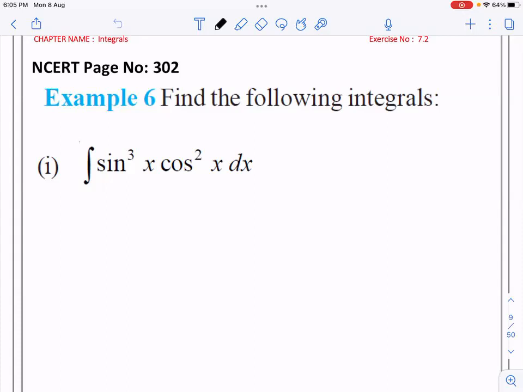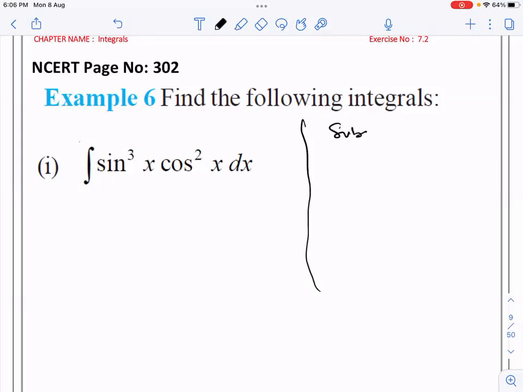Okay. So integral of sine cube x into cos square x. How to even do it? Before that, we will recollect certain ideas.